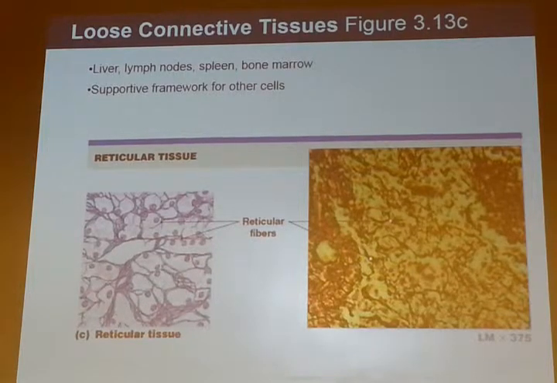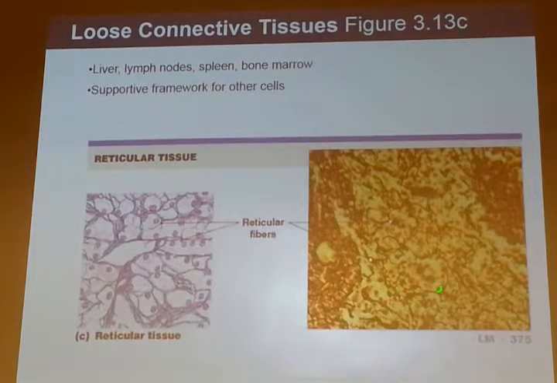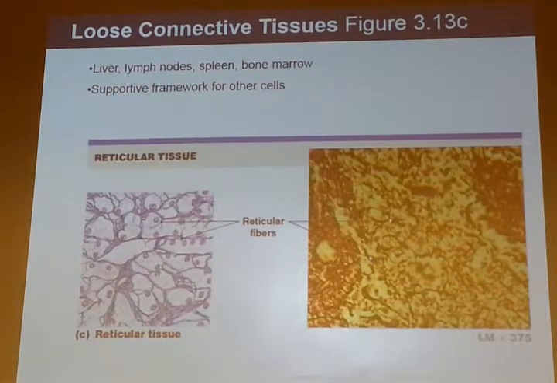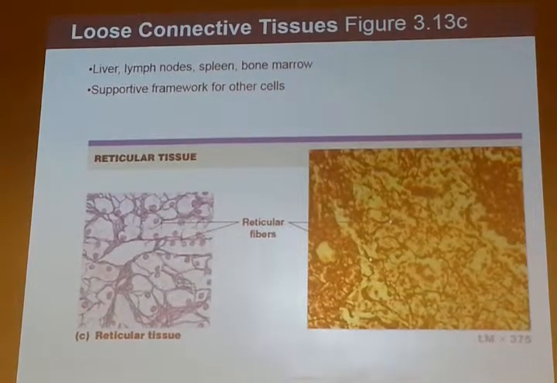Reticular tissue, very tiny little interwoven fibers, very delicate, but other cells are adhering to those fibers. It could be immune cells in the spleen.